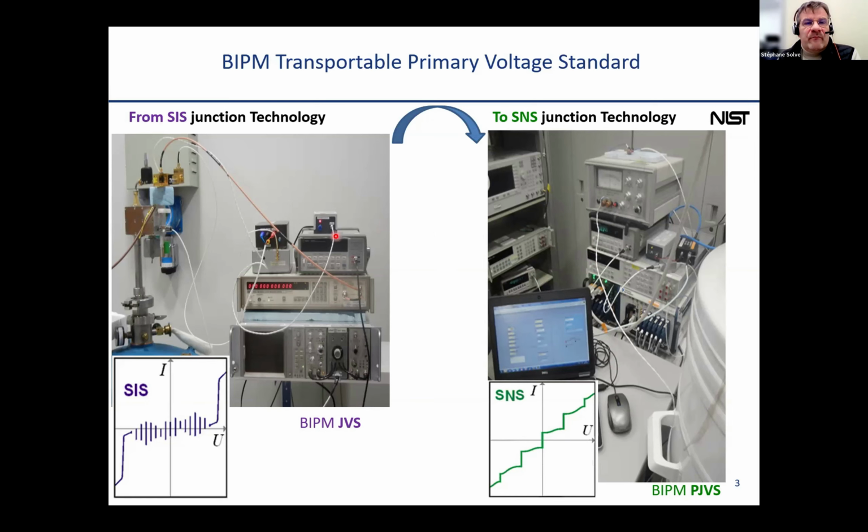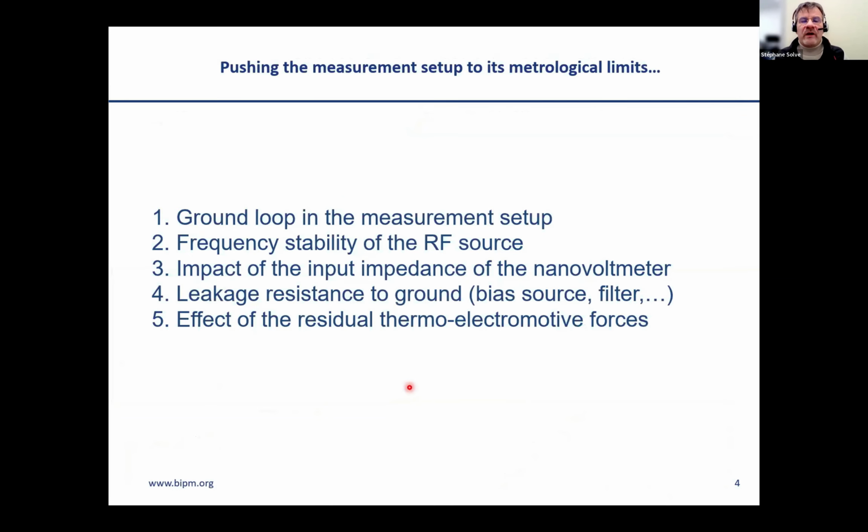In the next slide, I'm going to show you some results that were achieved mostly with this system. What I'm going to do is show you some examples covering the following points. The first one would be to illustrate the ground loop effect in a measurement setup. Then I will review an example of the importance of the frequency stability of the RF source.